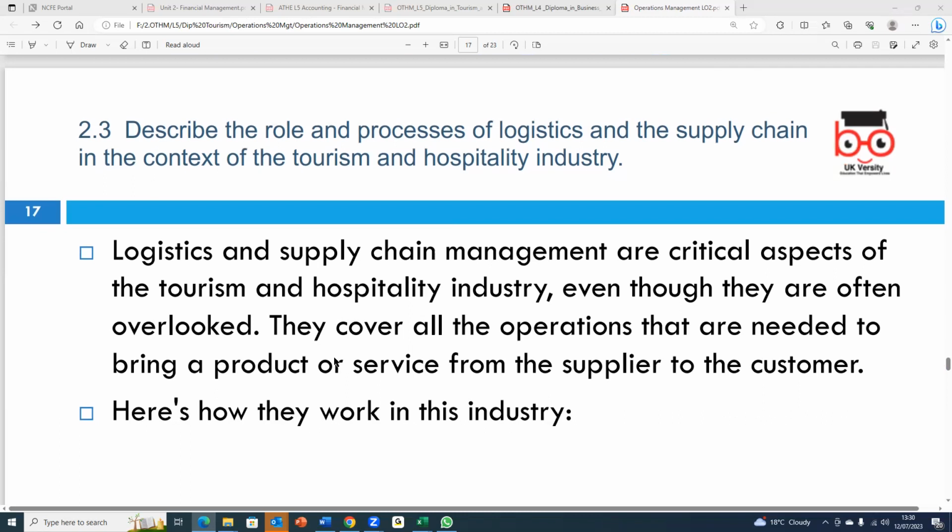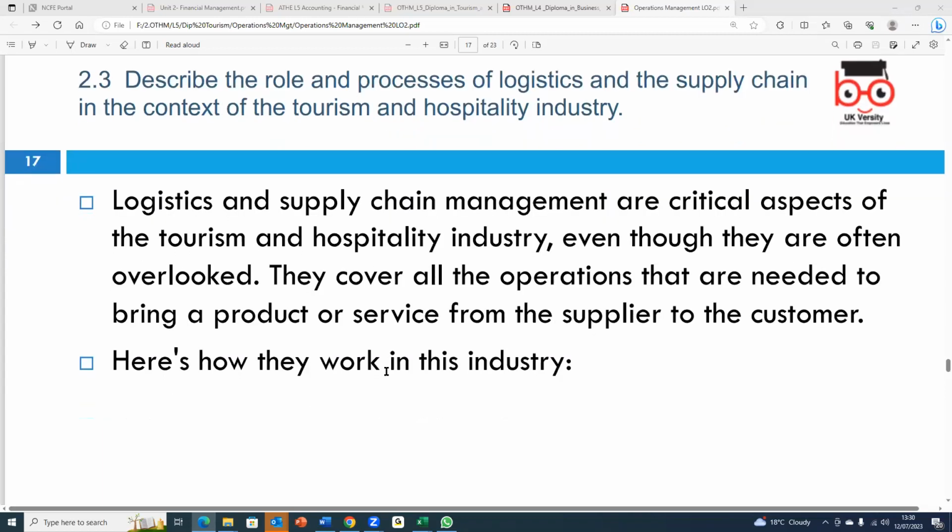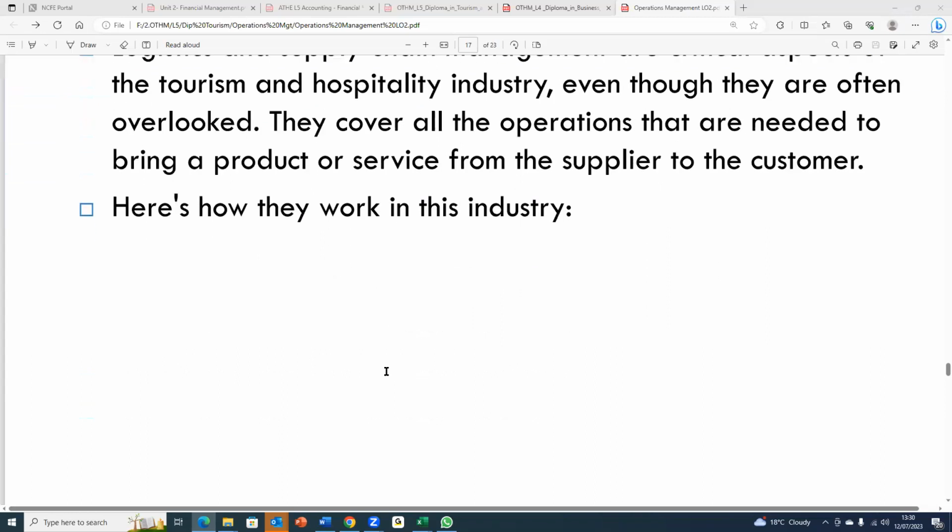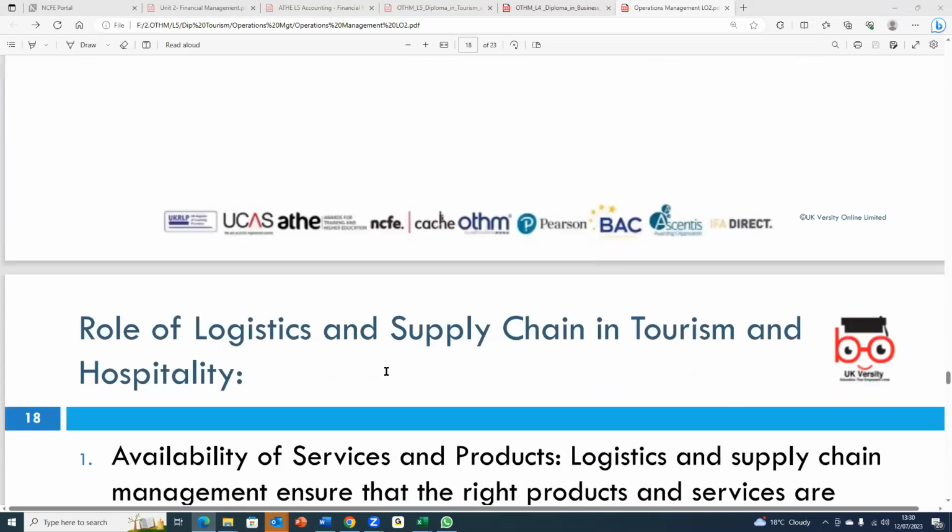Supply chain management and logistics are very important in the sense that processes need to keep moving continuously to produce goods and services. Let's imagine how they will work in the industry.